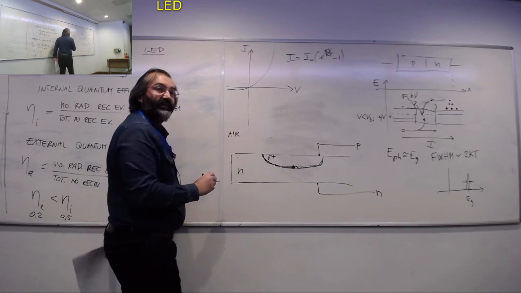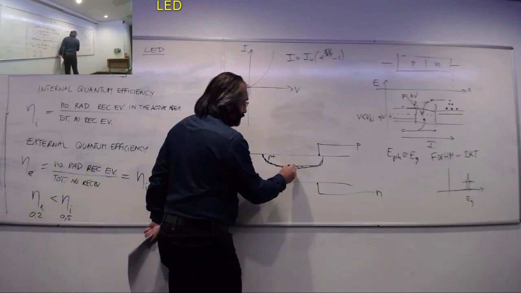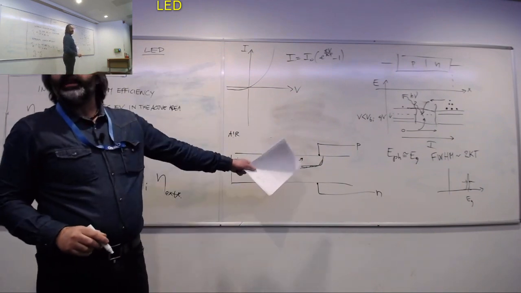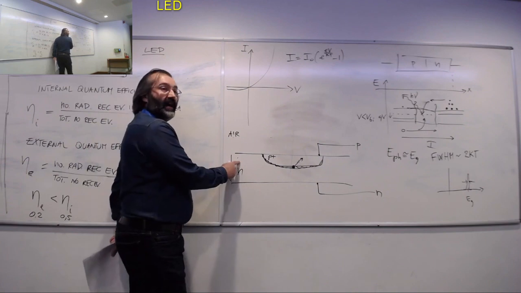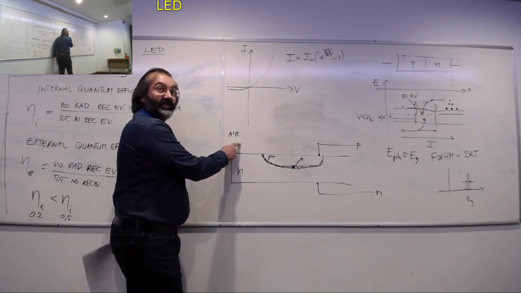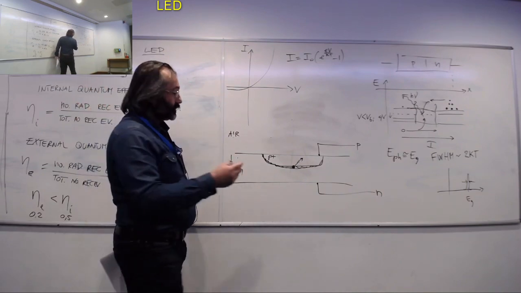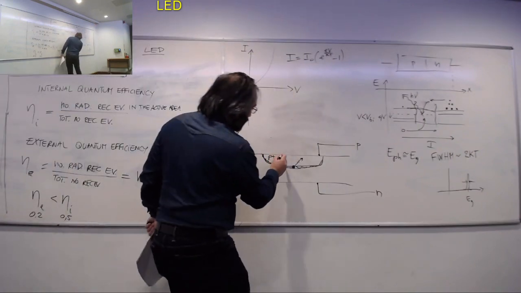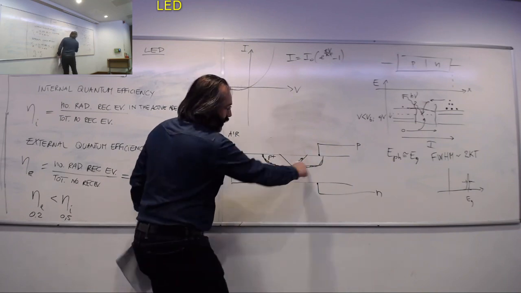So the refractive index here is larger than that. If a photon here is emitted in a certain direction, what might happen to that photon when it goes from a large refractive index into a small refractive index? Yeah, total reflection. So there will be a cone of light on each point.